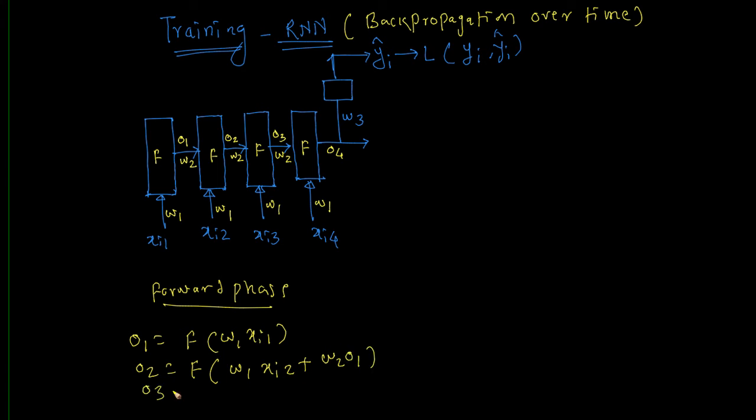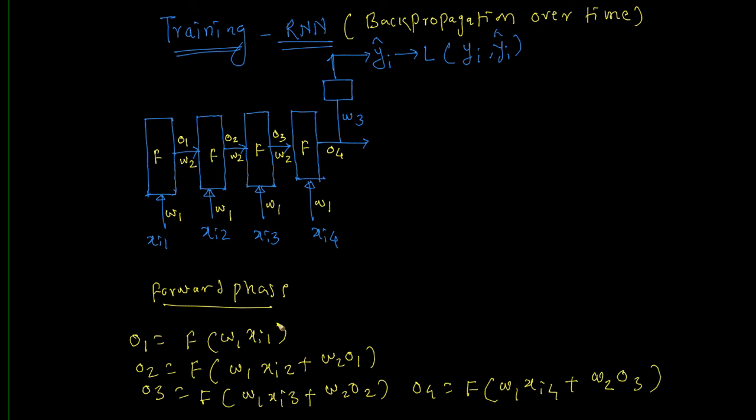O3 is equal to f of w1 xi3 plus w2 into O2. Similarly, O4 is equal to f of w1 xi4 plus w2 into O3.